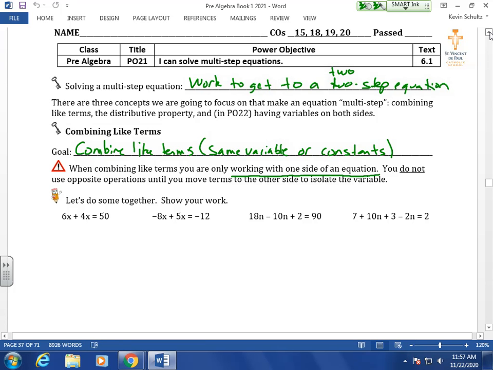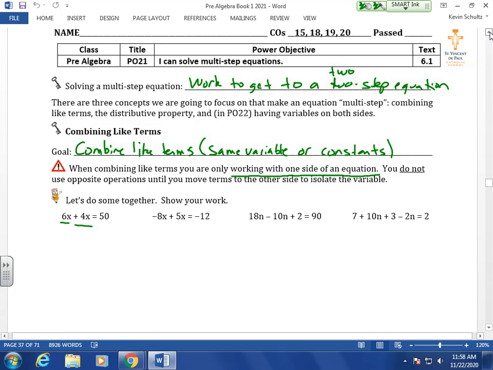So, for example, this first one here, 6x plus 4x equals 50, right? I'm not going to be subtracting 4x from there and 4x from there. Here's what some people do also, subtracting 4x twice from the same side, okay? What I'm doing is looking at the left side of the equation and saying, okay, I've got some like terms here, right?